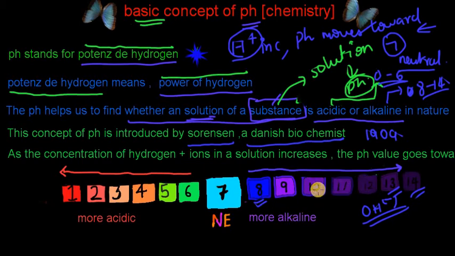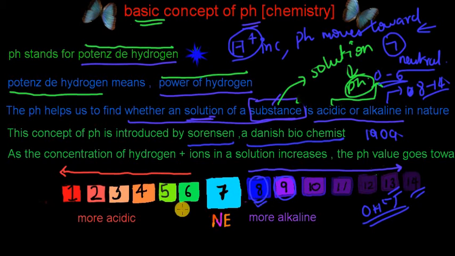Solutions which have a pH value of 14, 13 or 12 are comparatively more alkaline than those with 8 or 9, because they will have very few hydrogen ions, whereas those with 8 or 9 have a comparatively higher amount of hydrogen ions than 13 or 14 valued solutions.